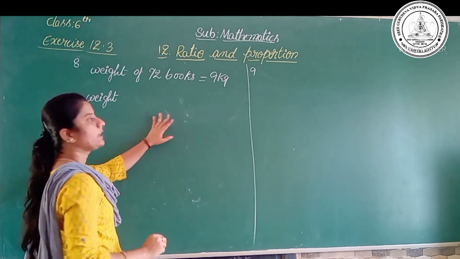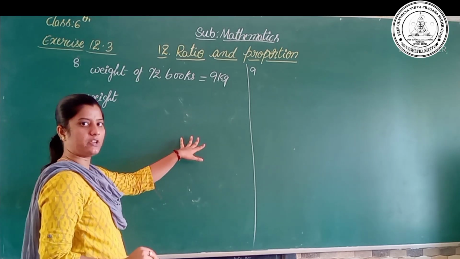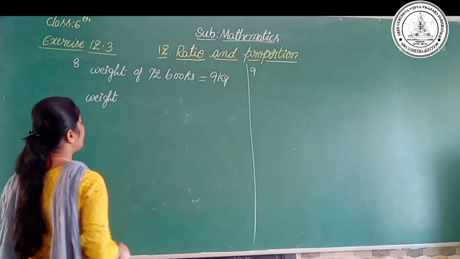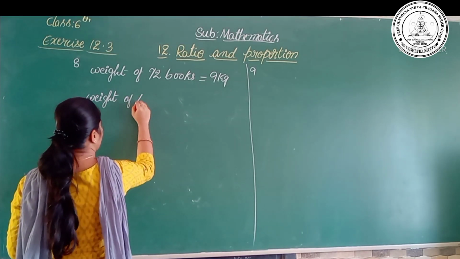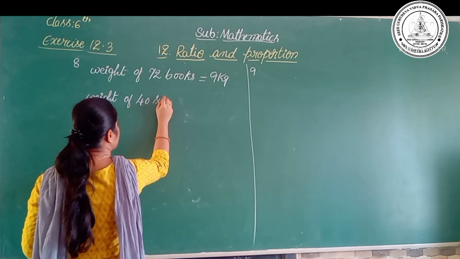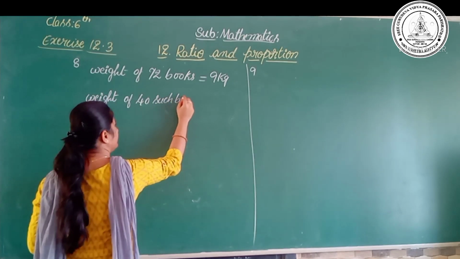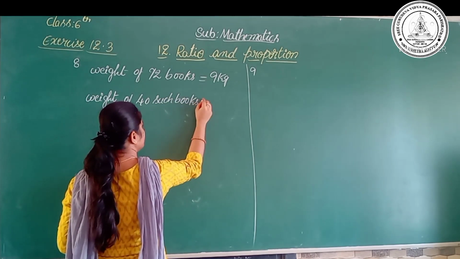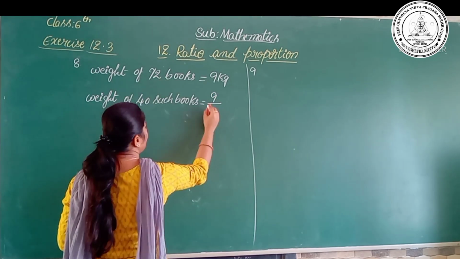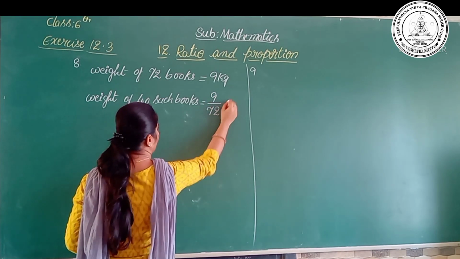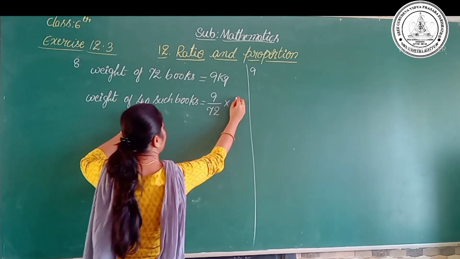So we can find it directly in an easy way. Let's do it here. The weight of 40 such books is equal to 9 divided by 72, into 40 such books.